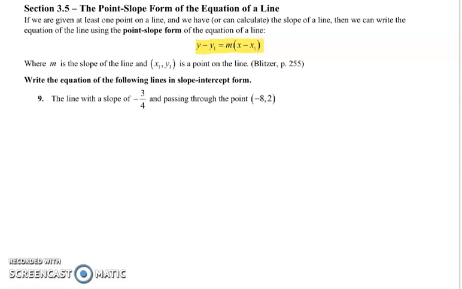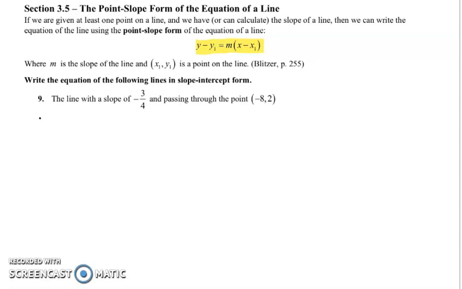So, for example, write the equation of the following lines in slope-intercept form. So we're going to start with the point-slope form, and then we're going to transform them into the slope-intercept form. So a line with slope of -3/4 that passes through the point -8, 2.